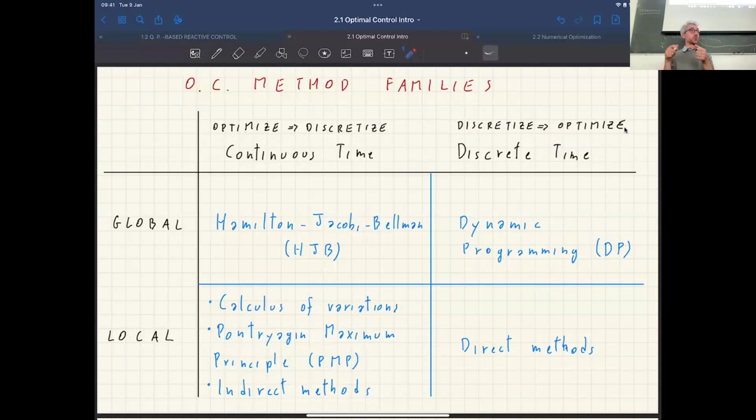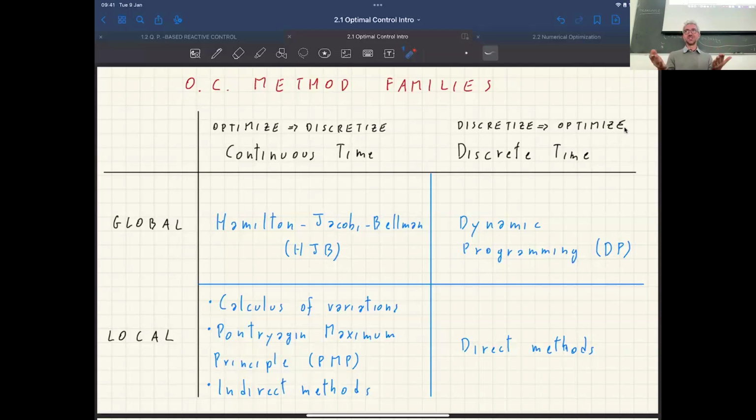You do the same for the constraints, because you have infinitely many constraints. You just discretize them in time so that they become a finite number. And then what you get is a standard optimization problem, so you can use standard numerical optimization software to find a local solution. Period. That's the idea of direct methods.